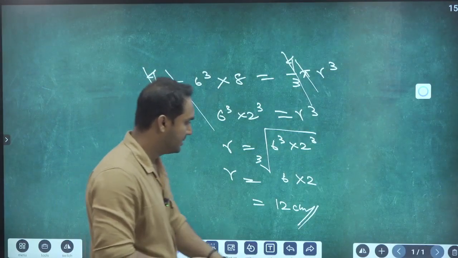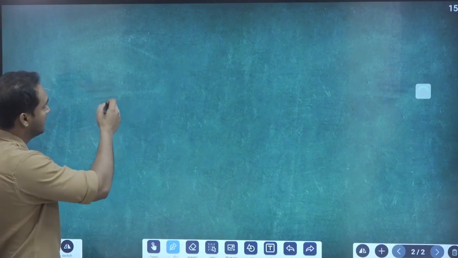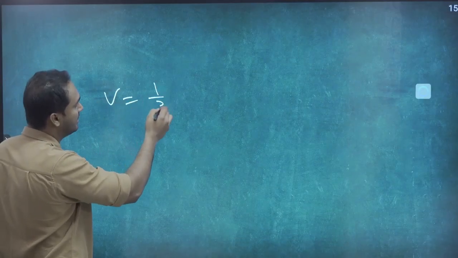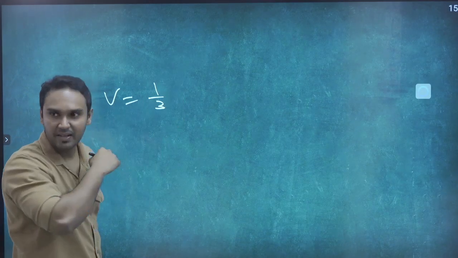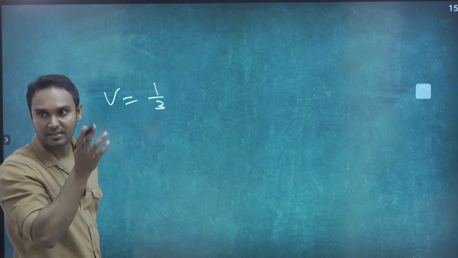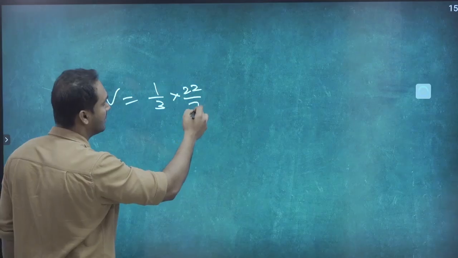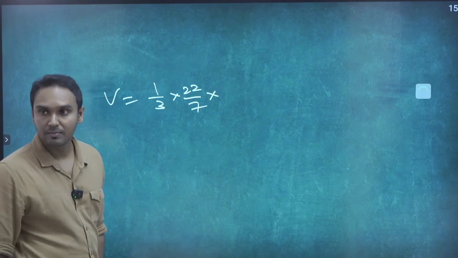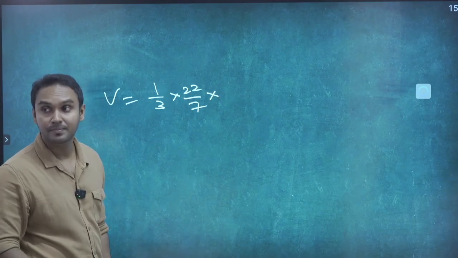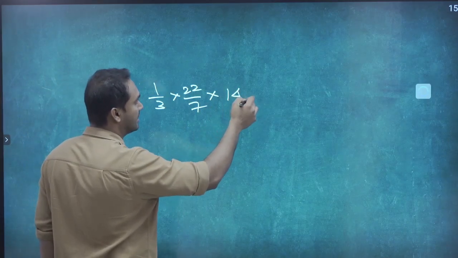Now tell me the radius and all, so we'll do it at once. The volume equals one-third. Is pi simplified in the answer? Pi simplified, so 22/7. Radius of the bottom, the belly bottom? 14 centimeters.